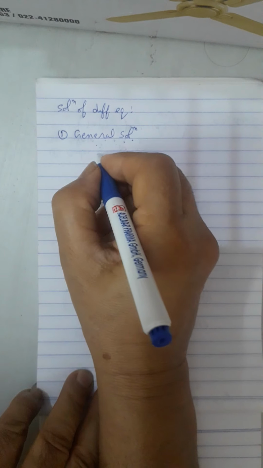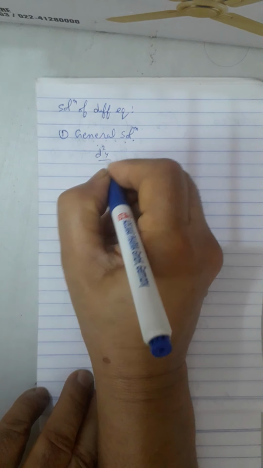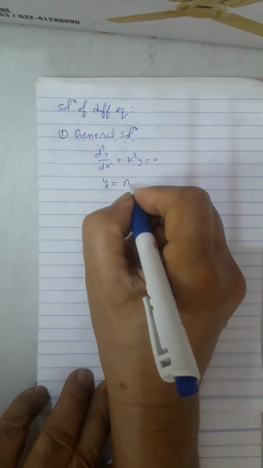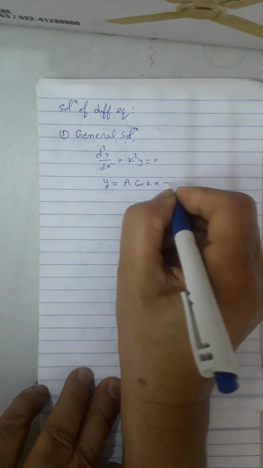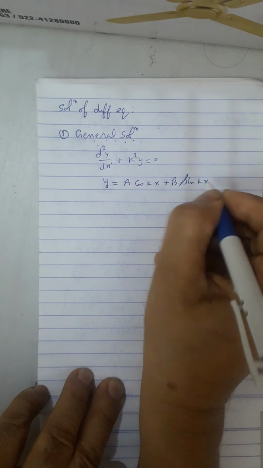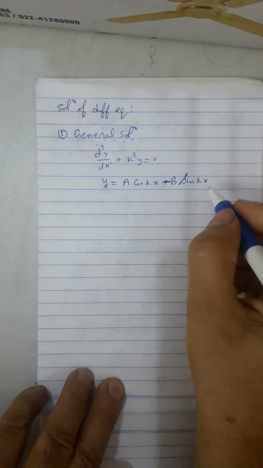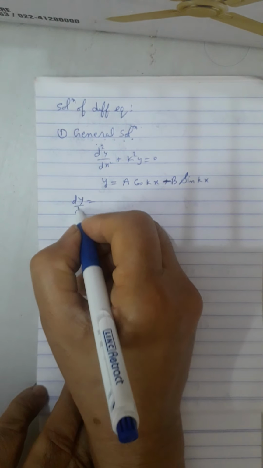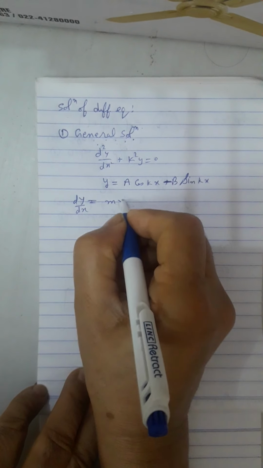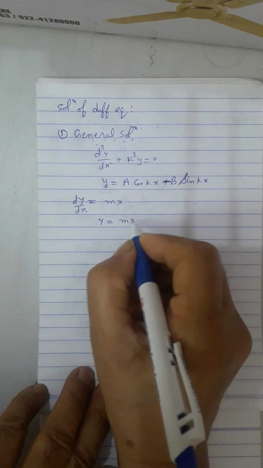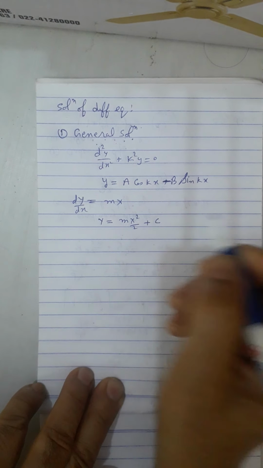For example, if we have the equation d2y upon dx square plus k square y is equal to 0, its solution will be y is equal to a cos kx plus b sin kx, right? Or if we have the equation dy by dx is equal to mx, the solution of the equation will be y is equal to mx square by 2 plus c.